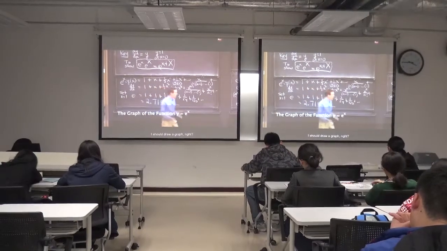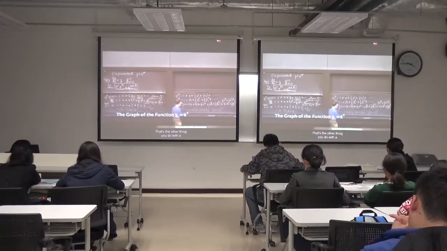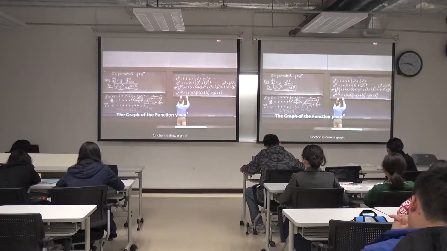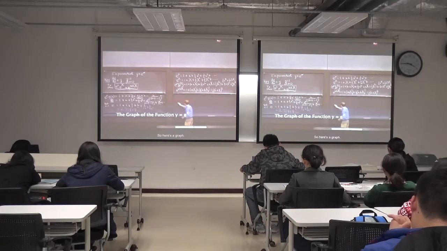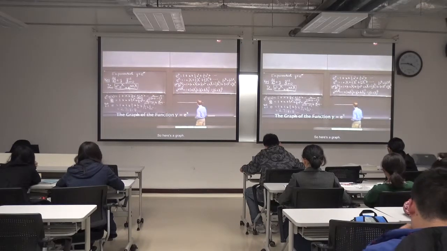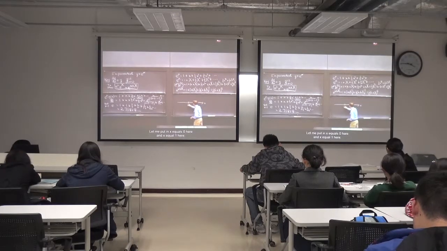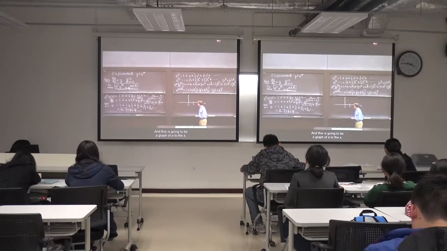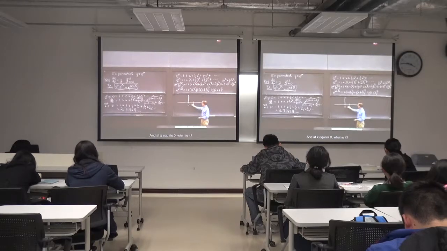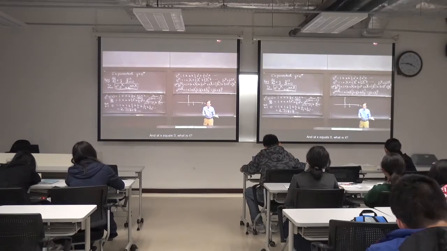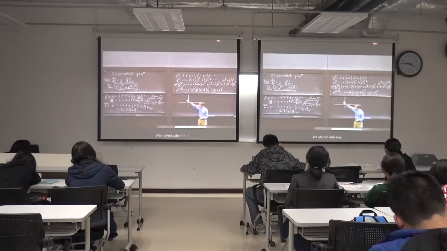I should draw a graph, right? That's the other thing you do with a function, is draw a graph. Okay, so here's a graph. This is x. Let me put in x equals 0 here and x equals 1 here. And this is going to be a graph of e to the x. And at x equals 0, what is it? We started with that.